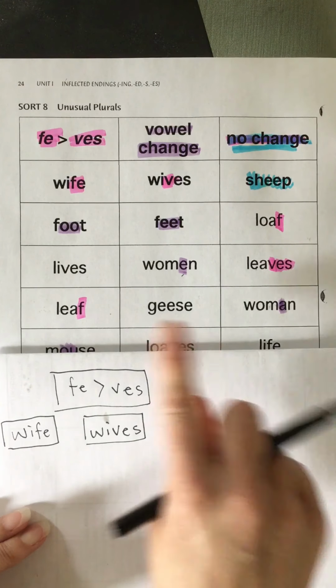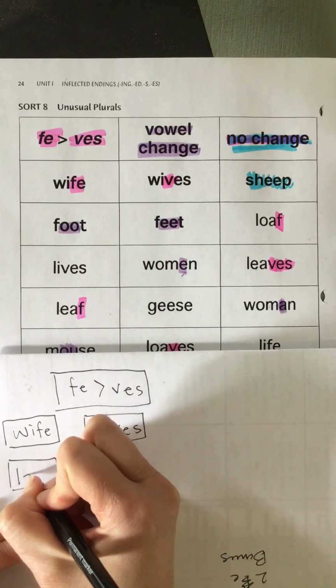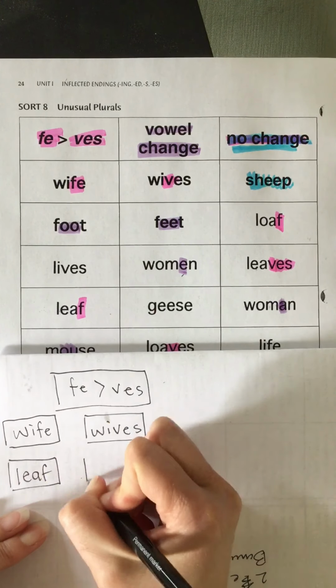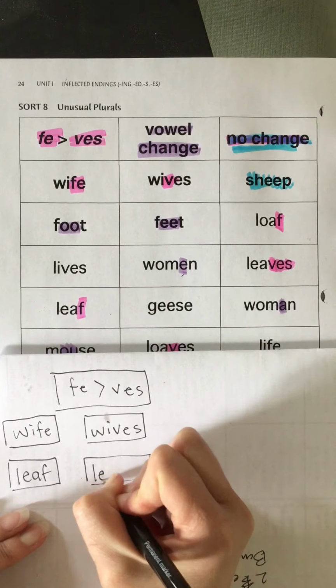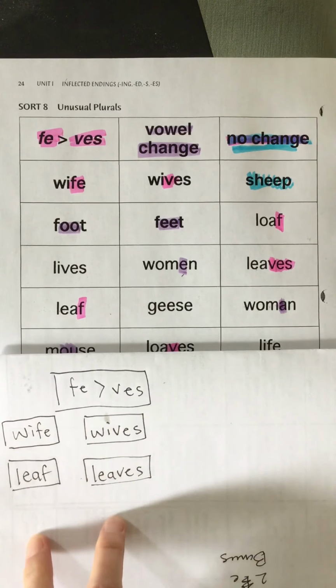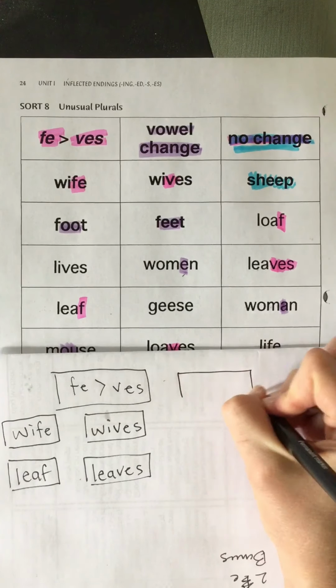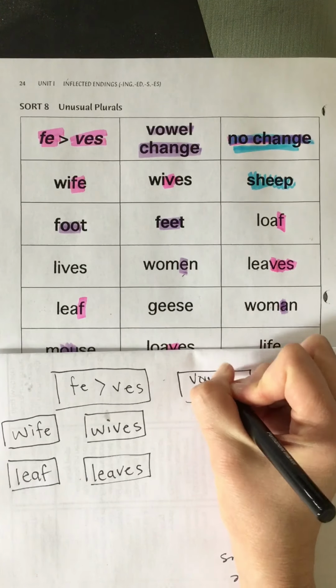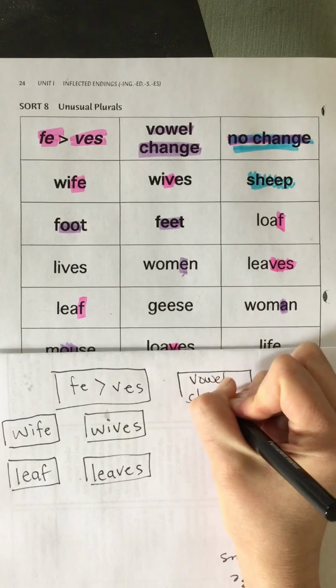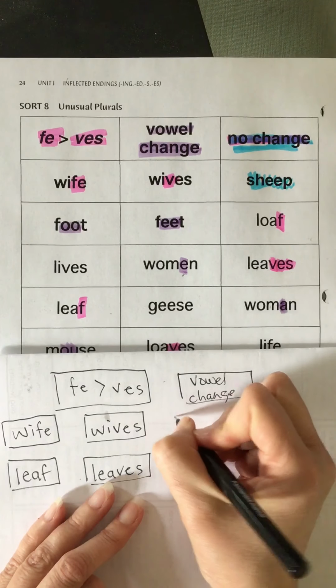Okay, we had another example, leaf to leaves. So I would put leaf, and then right beside it, I would put leaves. So I have two columns under each card. Then when it says vowel change, I would have two cards again. For example, I had the word foot.